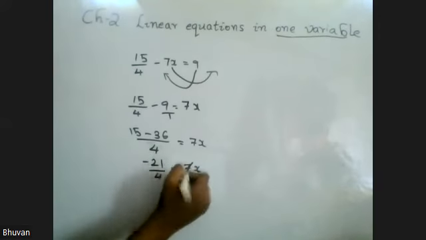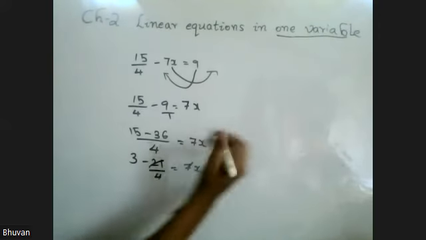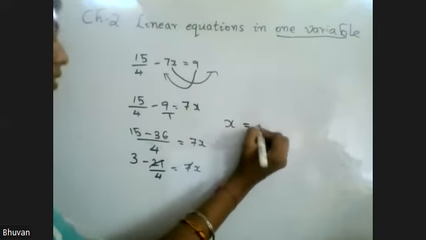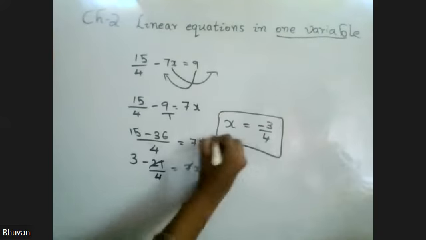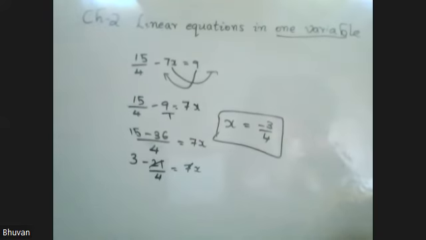Now we can cancel 7, three times. So x is equal to minus 3 by 4. This is the value. If you want to check, you can substitute and check.